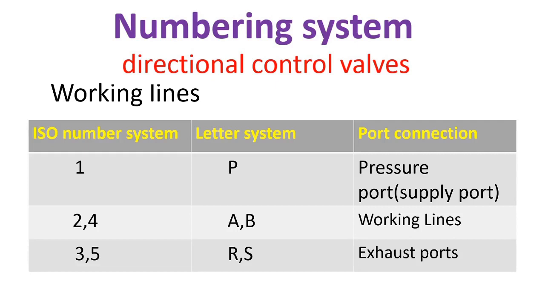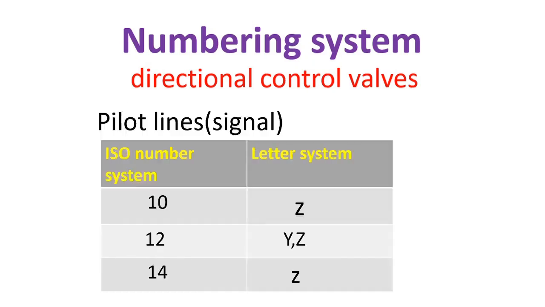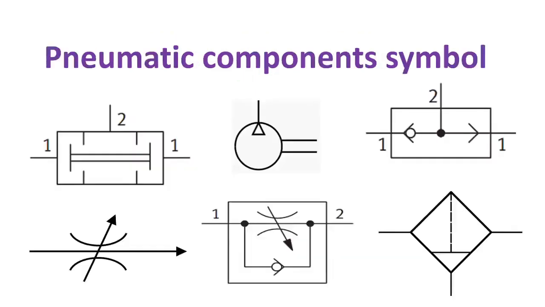Numbers 3 and 5, or R and S, are exhaust ports. And for pilot lines or signals, 10 is equivalent to Z, 12 is equivalent to Y or Z, 14 is equivalent to Z. Now let's proceed to our pneumatic component symbols.